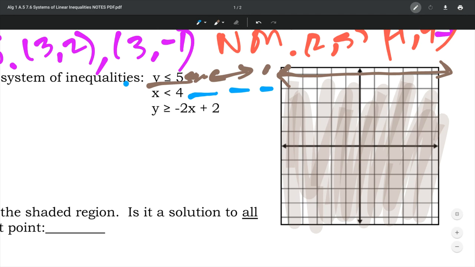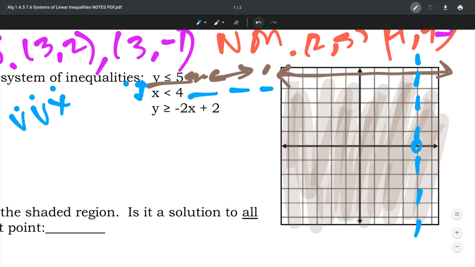And you know that it's going to be a vertical line because this goes with VUX, vertical, undefined, and it starts with x equals. So we go to 4, 1, 2, 3, 4. Open circle. You're going to have a dashed line all the way up and down.